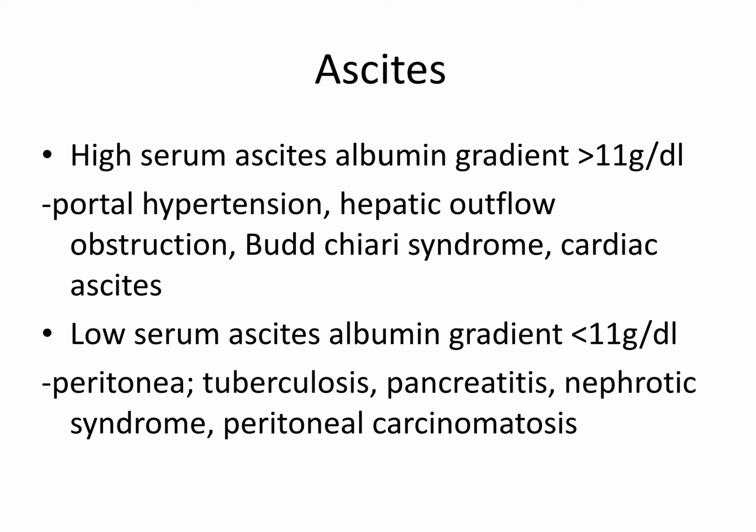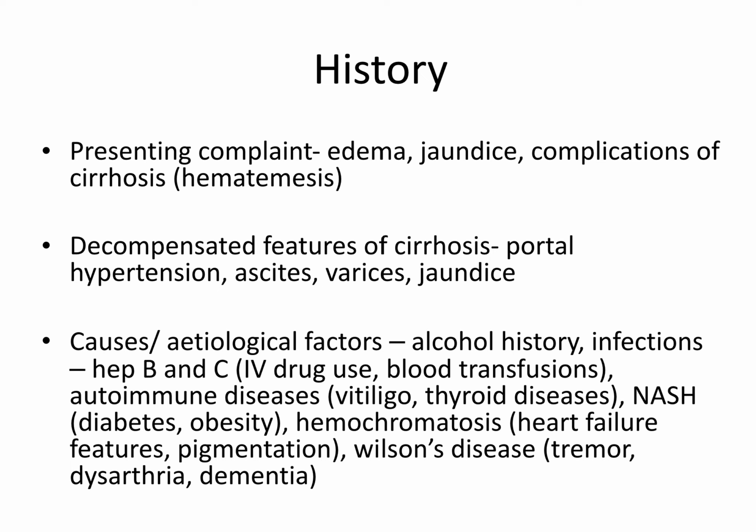Now we have talked a little bit about ascites. Next, if a patient comes with a presenting complaint like this, how are we going to approach it, how are we going to take the history, and what should we include in the history?